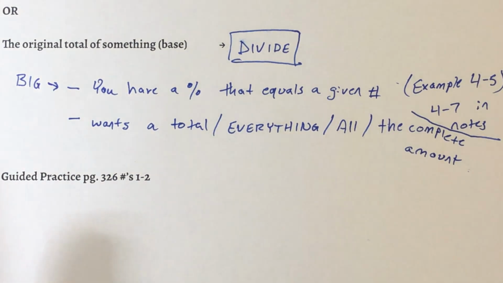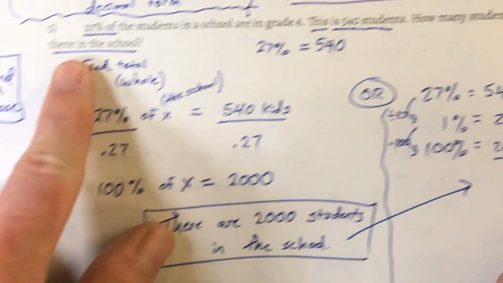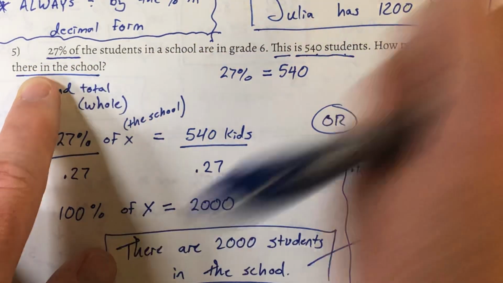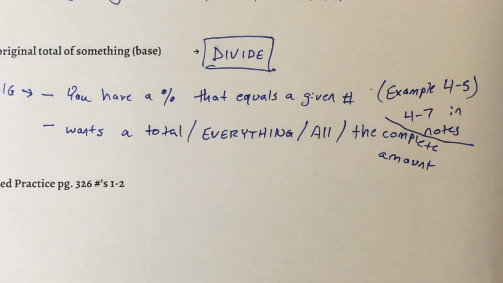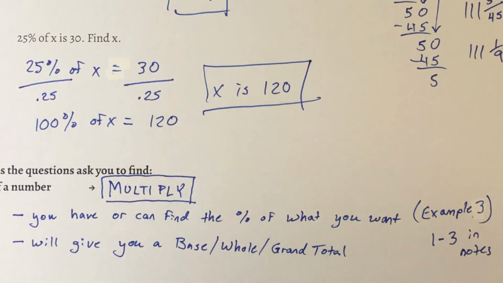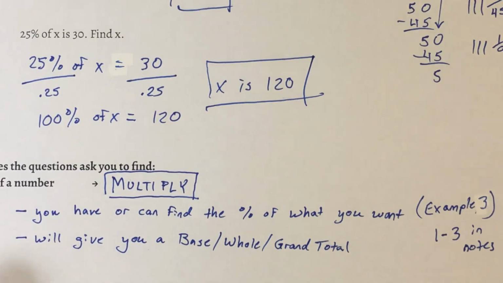So, quick example. This one said, how many students are in the school? It wants everyone. So, it's a find a base problem. Meaning, you're going to set your problem up, most likely, like this.